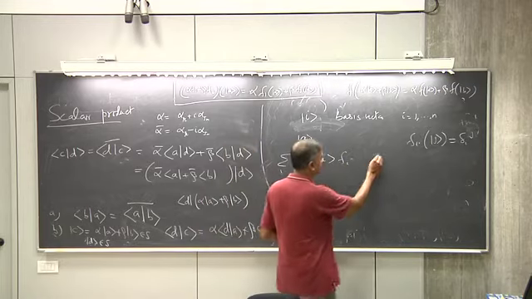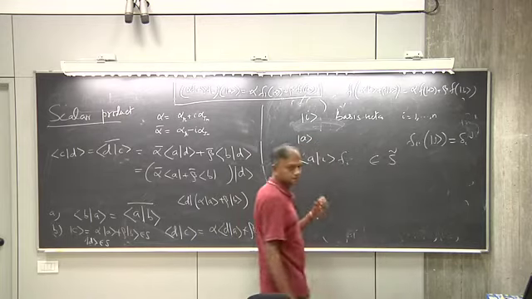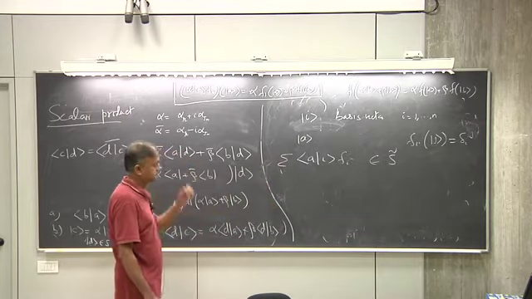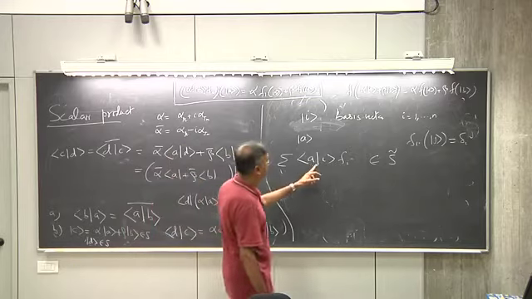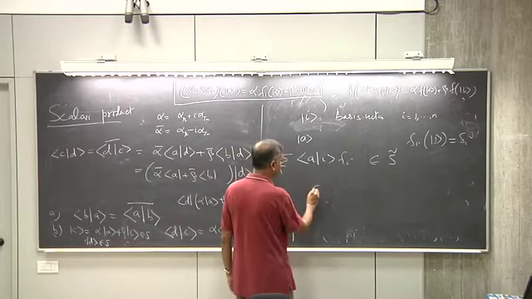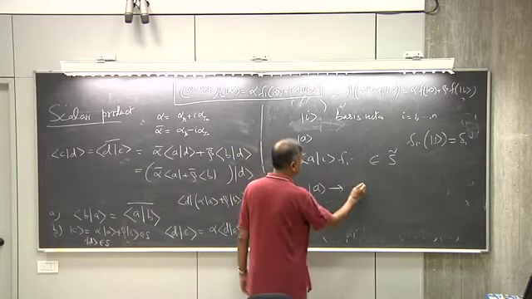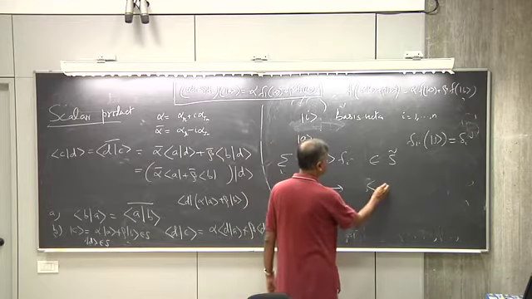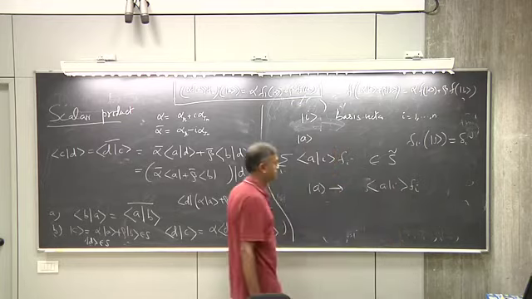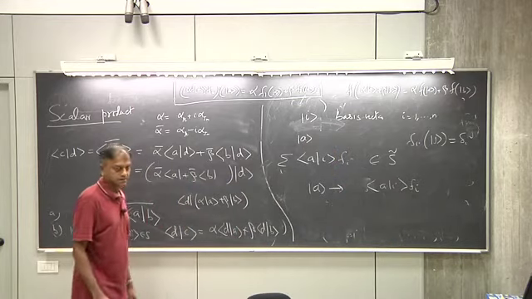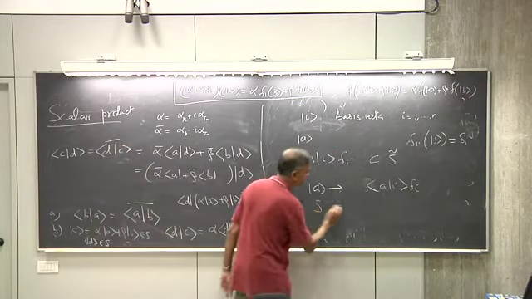So this belongs to S tilde. And what I can do is define a map. A is mapped to this combination of F_i. This is an S to S tilde map.